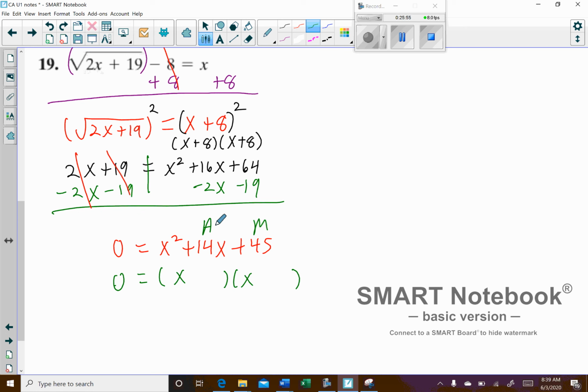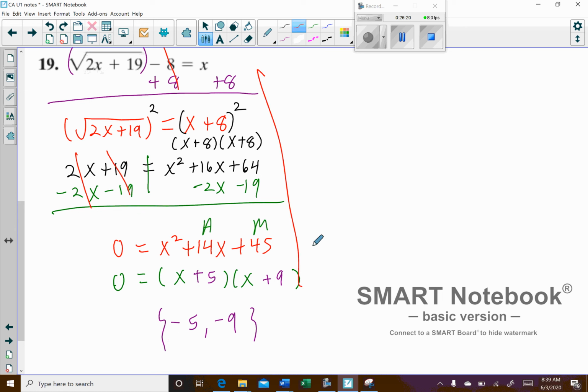Let's see, what are we looking at? 5 and 9. That looks good to me. Doesn't matter which one goes first. So plus 5, plus 9. So that multiplies to give you 45, adds up to 14. So our proposed solutions are -5 and -9. Once again, probably only one of them works.